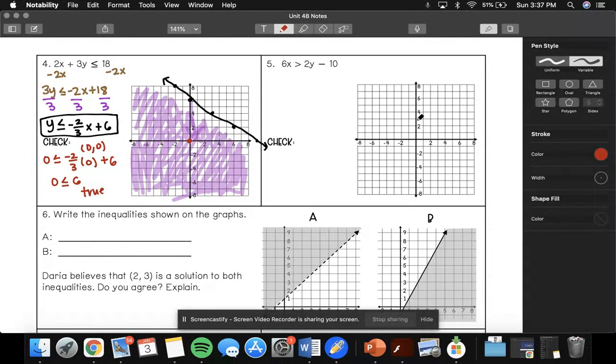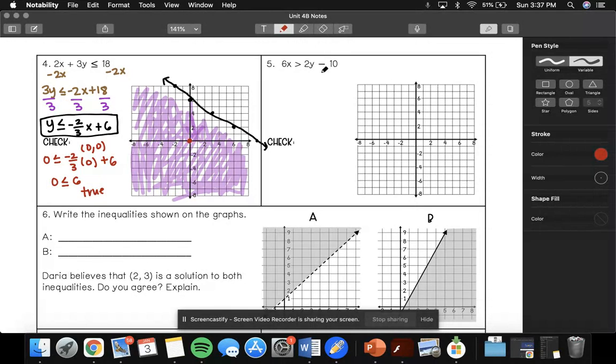Okay, number 5, we have 6x is greater than 2y minus 10. So I need to solve for y. You could move the y over and then move the x over, or you could move this stuff over there. I don't care, as long as you're just consistent and you feel confident about it.